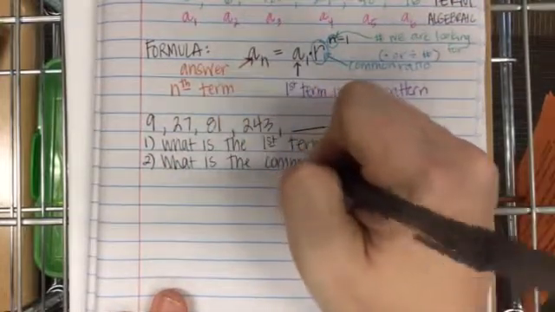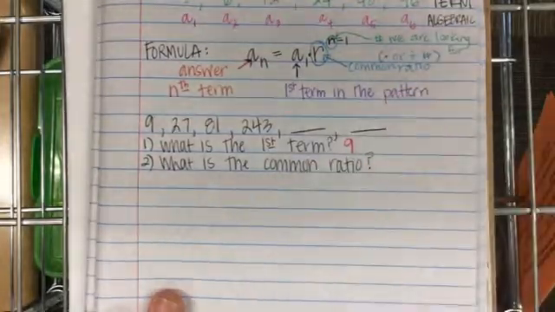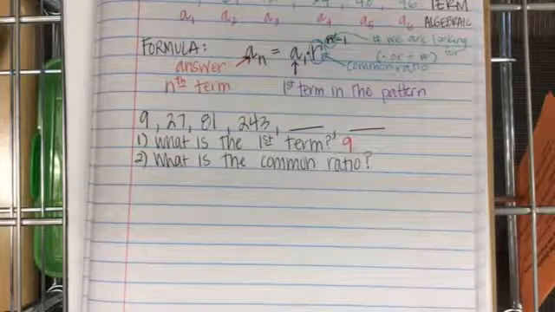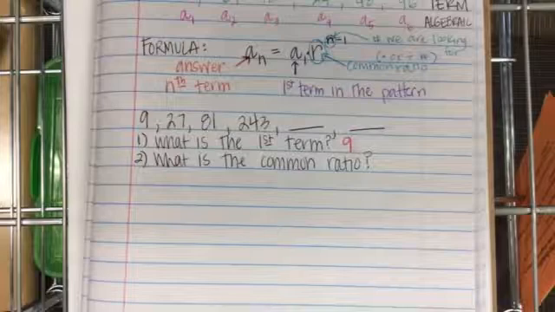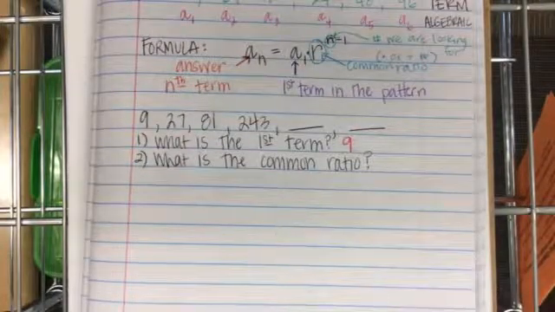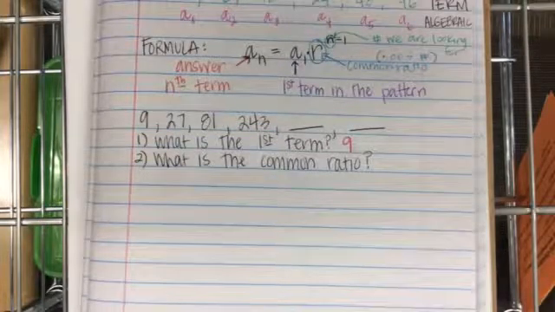What is the common ratio? So you look at them, you say, okay, what do I do to 9 to get 27? What do I do to 27 to get 81? What do I do to 81 to get 243?